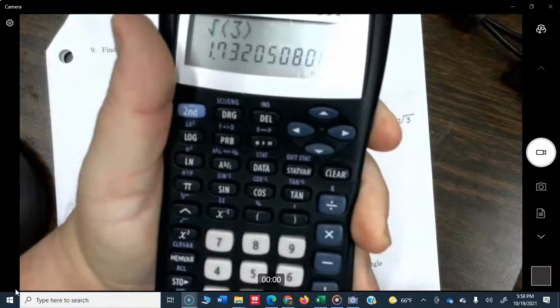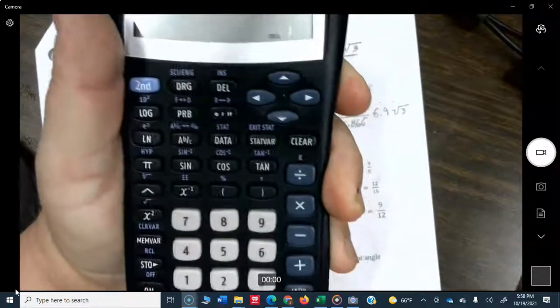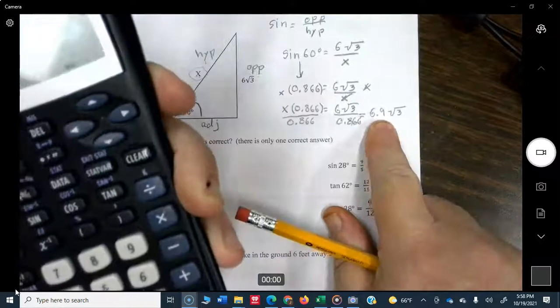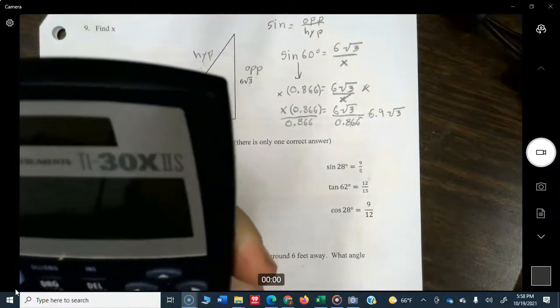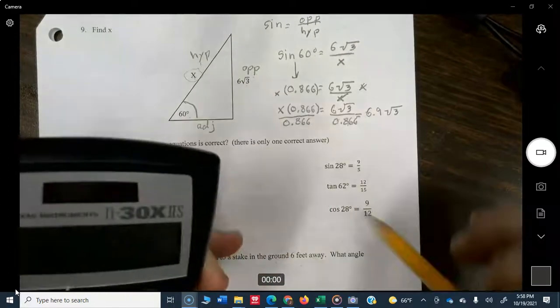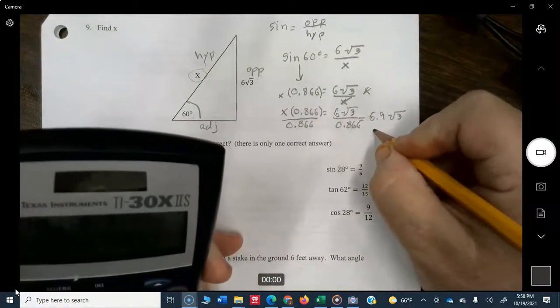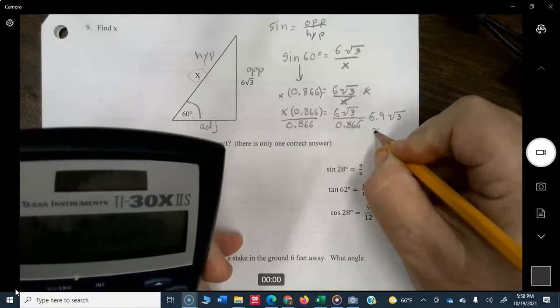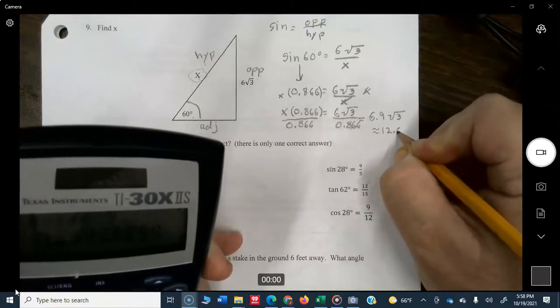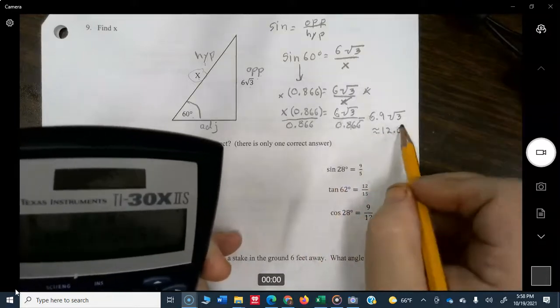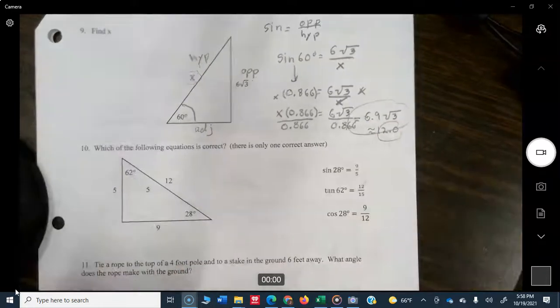You get 1.732, and then you multiply that by this 6.9. That would be 11.95, and I would just say approximately 12.0, if you round the 9 up to a 0 and 12. Again, I would accept either one of those answers.